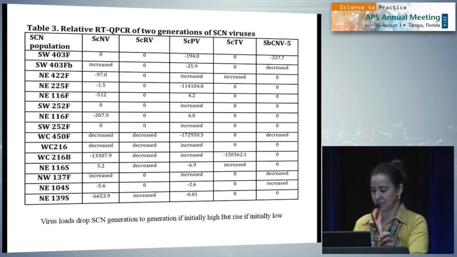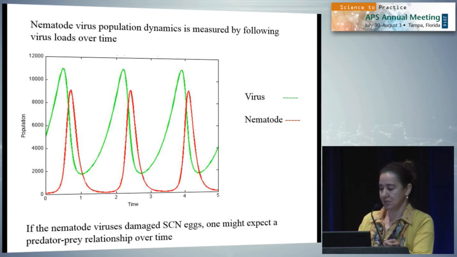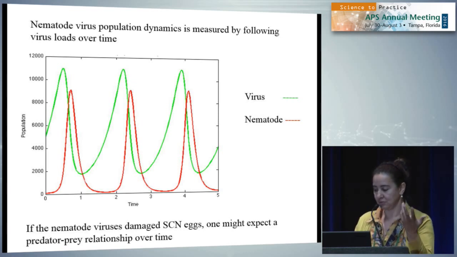That's basically very similar to a predator-prey relationship that we see, for example, in these graphs. So the nematode viruses seem to follow this predator-prey cycle.